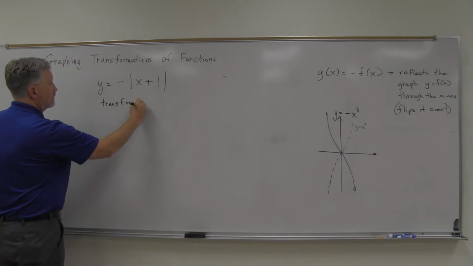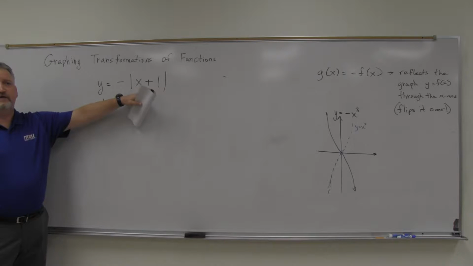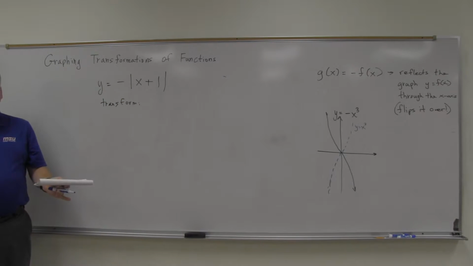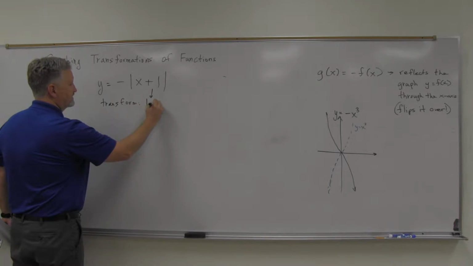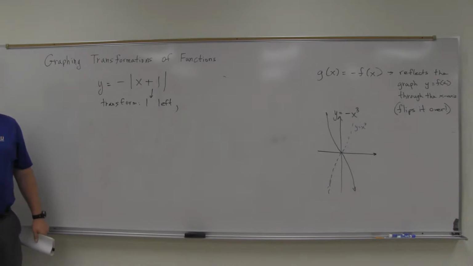Is that going to make it go up one? Where is it at? It's on the inside, right? And an inside makes it go right or left. Left. And plus one makes it go left, yes. So the plus one here makes it go one left. And again, the order that we go, inside first, right?